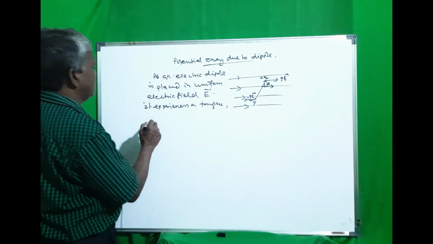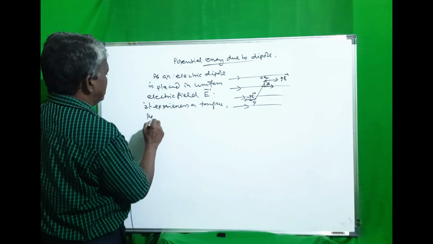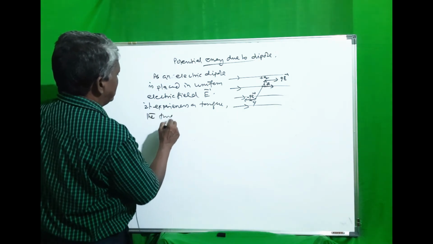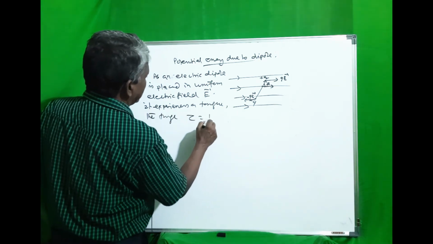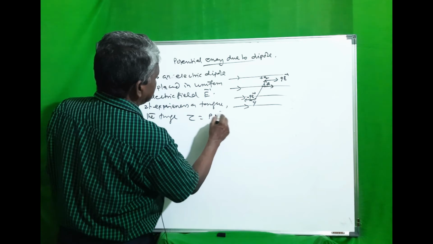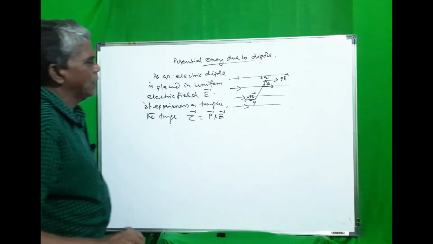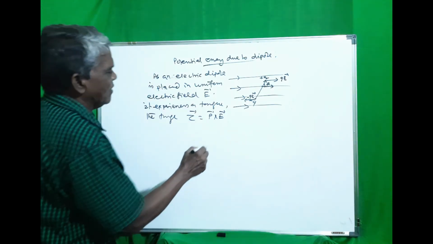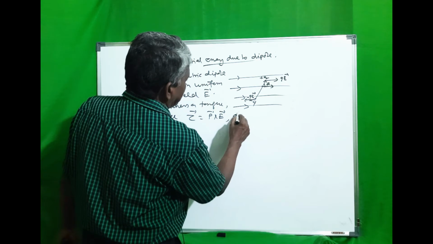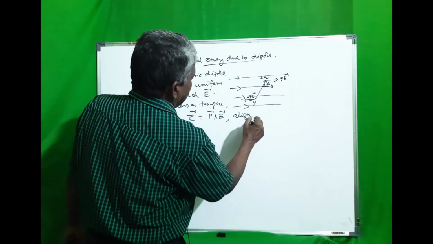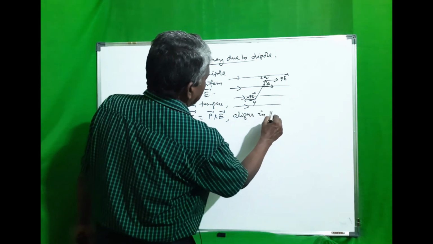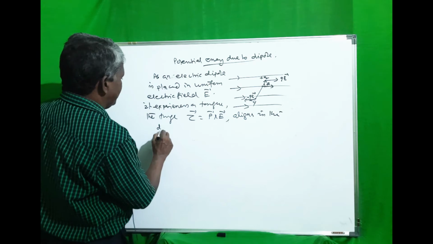The torque tau is equal to P cross E, which aligns it along the direction of the electric field.